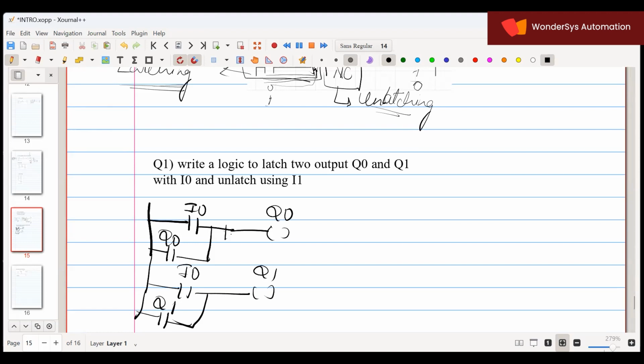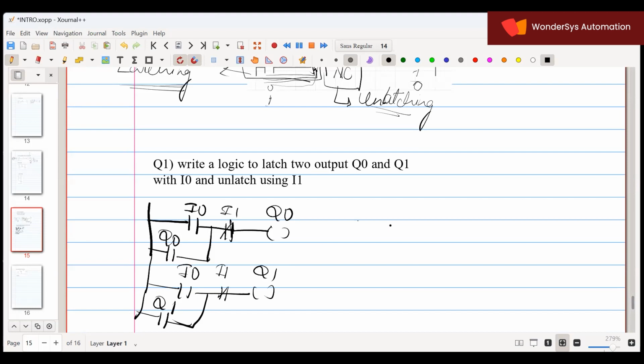And I'm unlatching using I1. This much you understood? Using two rungs? Yes, madam. This one understood, madam.